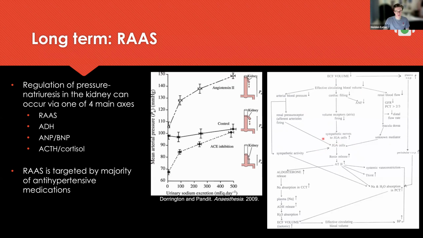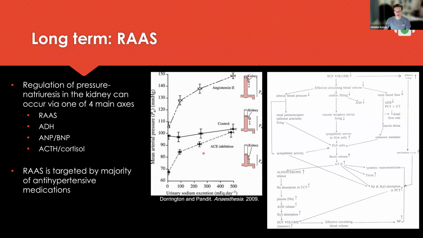It's more complicated than we need to go into for this lecture, but these JGA cells sense a change in blood pressure coming to the kidney, respond by increasing renin release, which sparks off this RAS cascade of angiotensin II production, which leads to vasoconstriction, ADH release and thirst, sodium and water absorption, and also aldosterone, which is the second part of the cascade. And this alters the membrane channel composition of kidney nephrons.